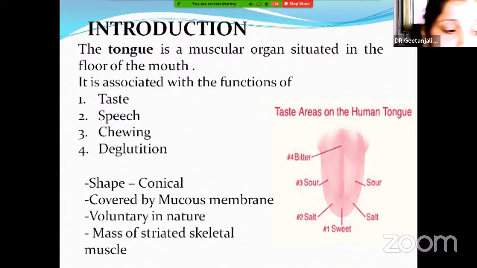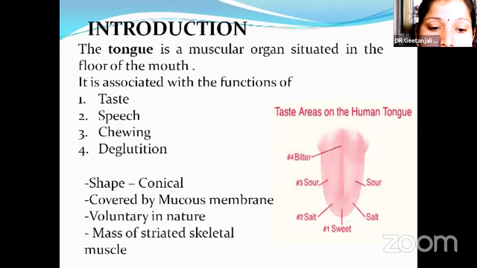Other characteristic features of the tongue are: shape is conical or triangular. See here, the shape of the tongue is conical or triangular and it is covered by the mucous membrane. Voluntary in nature and mass of striated or skeletal muscle.